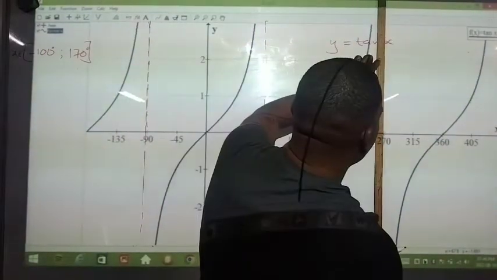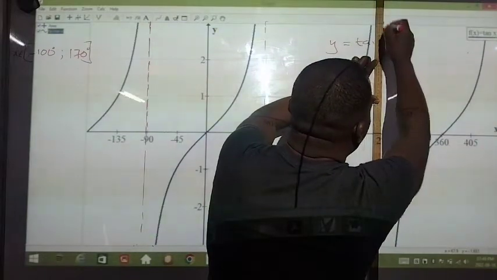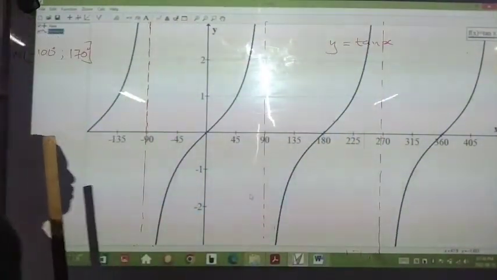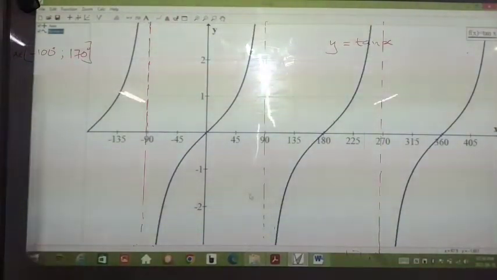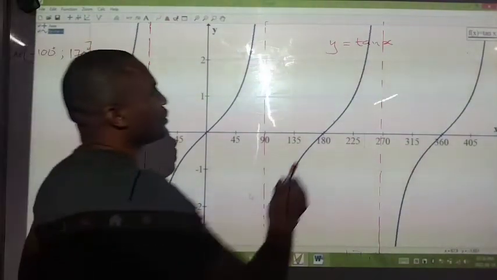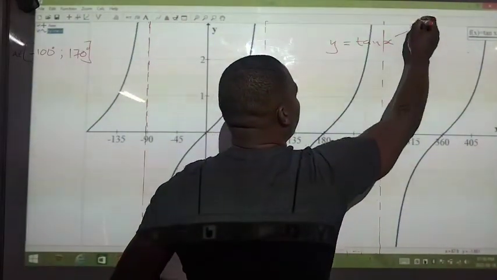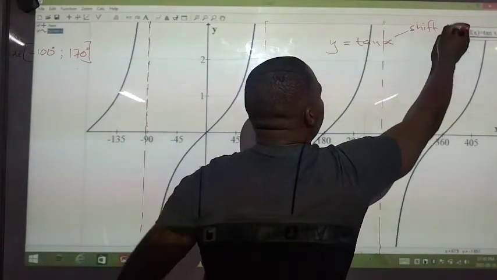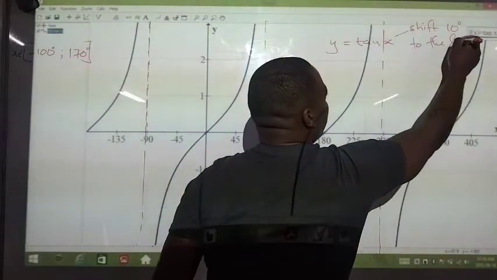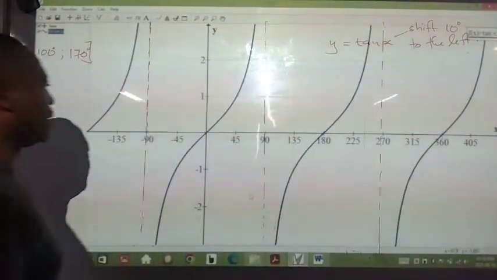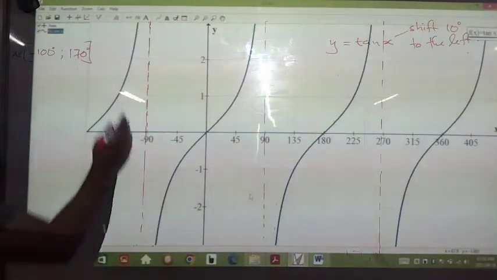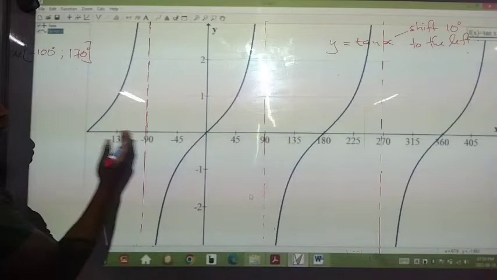And there is another asymptote at 270 degrees. Then, now what we are simply going to do is to shift this graph 10 degrees to the left. So every strategic point, including the asymptotes, we are going to shift them.